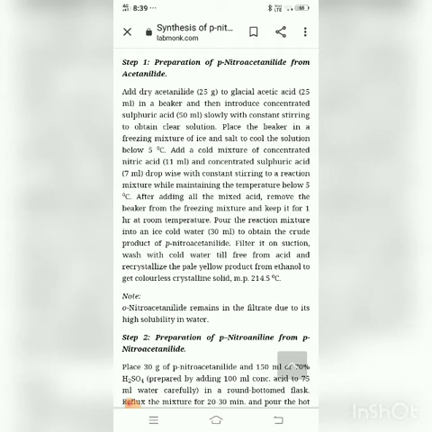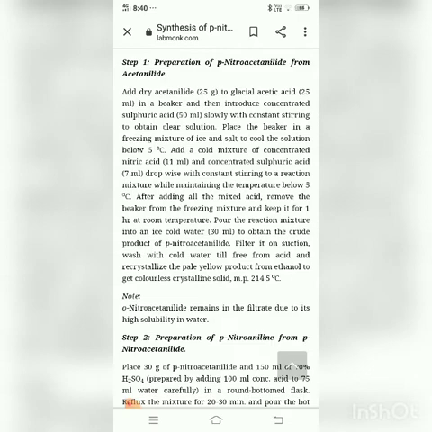Why we do constant stirring is, as I said before, that if we add something too fast into the solution we are preparing, there is a chance of clumps forming, and we won't get a proper yield of this synthesis. So this is a very important step, and the temperature is maintained below 5 degrees Celsius. It is also important because we have to freeze this.